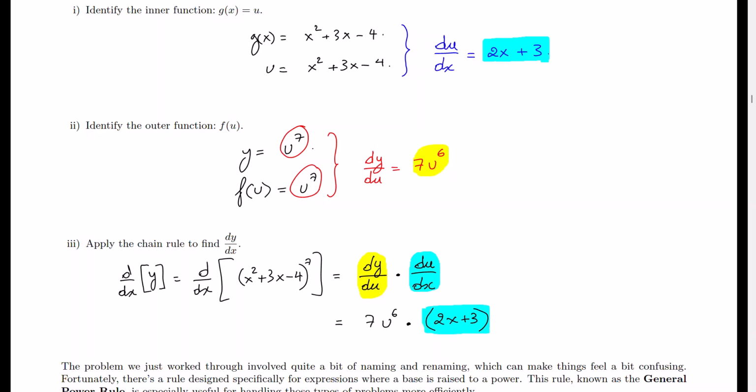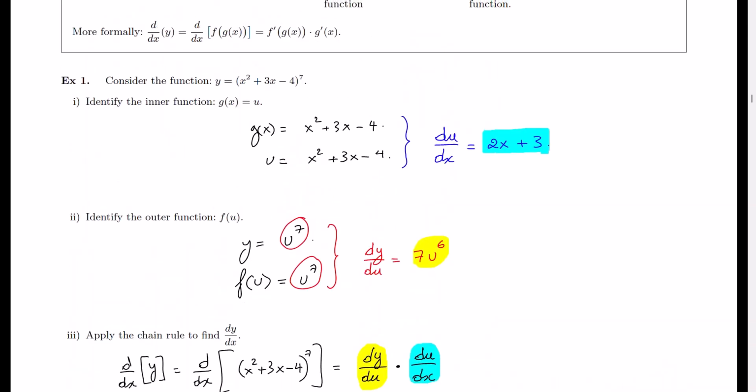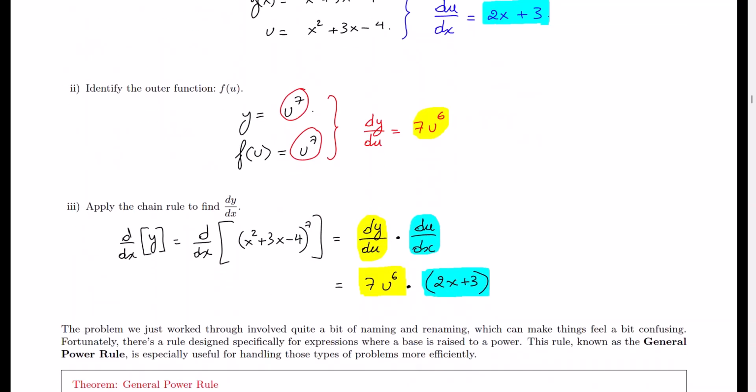Now, obviously, we don't like that answer because it has two different variables. So the last thing in the problem is usually to rewrite the answer with the variable that we started the problem with. In this problem, we started with y's and x's, so we want to write down the answer in terms of x.